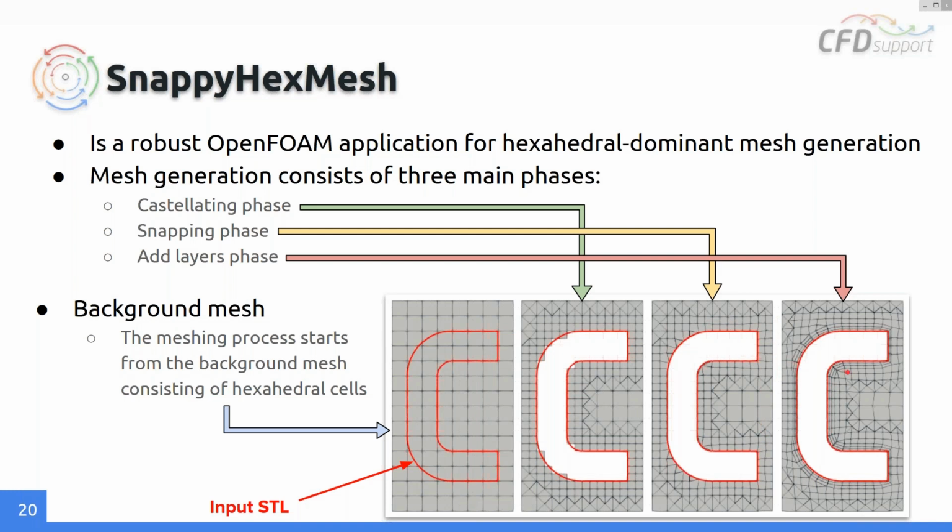And at the end, you can add the layer phase to the snapped part of the mesh. So these are in a quick way the basic steps of snappyHexMesh meshing.